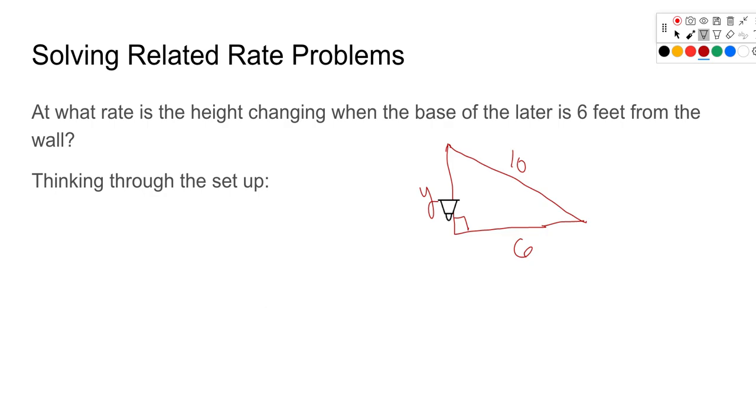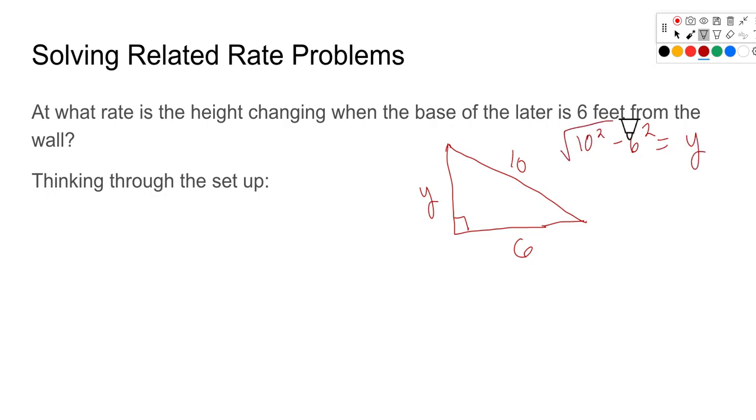Could we figure out what h or what y is at this point? We could, and we might need it. So Pythagorean Theorem, right? This is the hypotenuse. So 10 squared minus the other leg squared is going to be equal to the unknown leg, y squared.